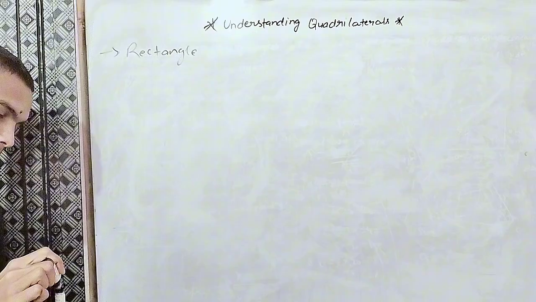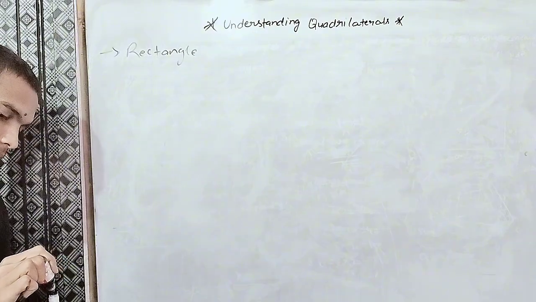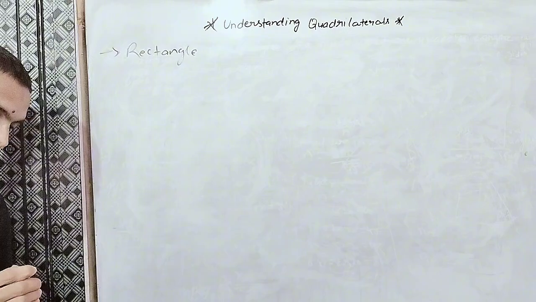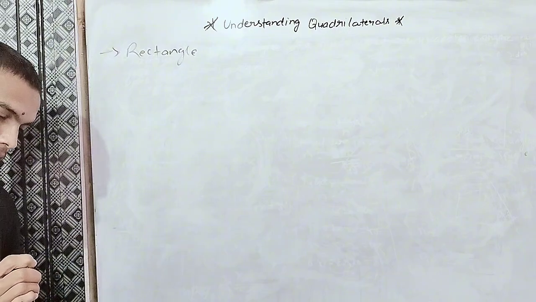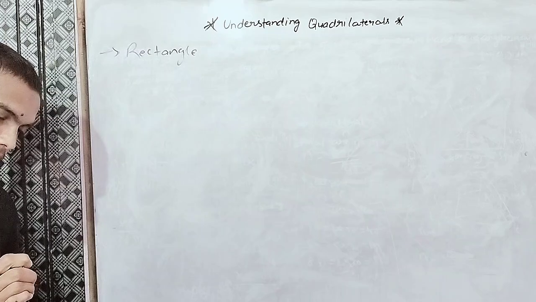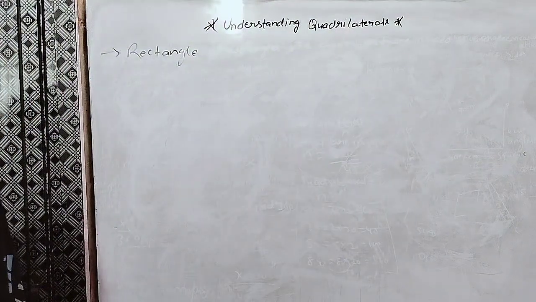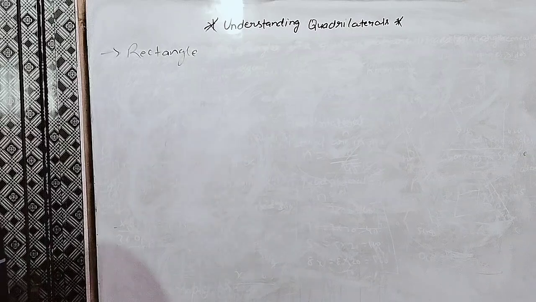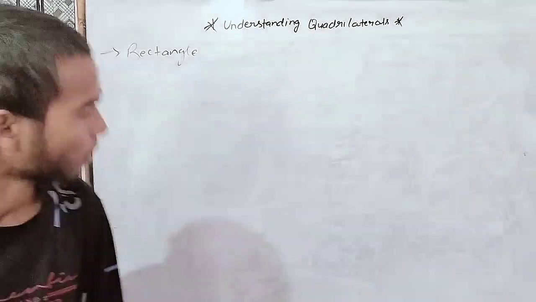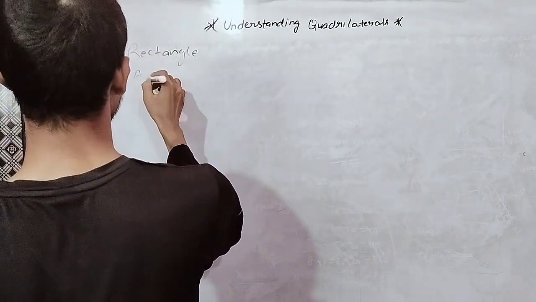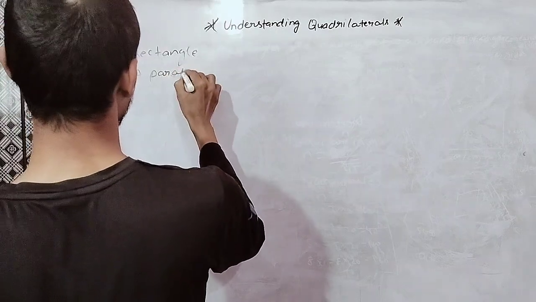Of course, a rectangle is a parallelogram, and in a rectangle we will see two diagonals, and the diagonals bisect each other, as in a parallelogram.